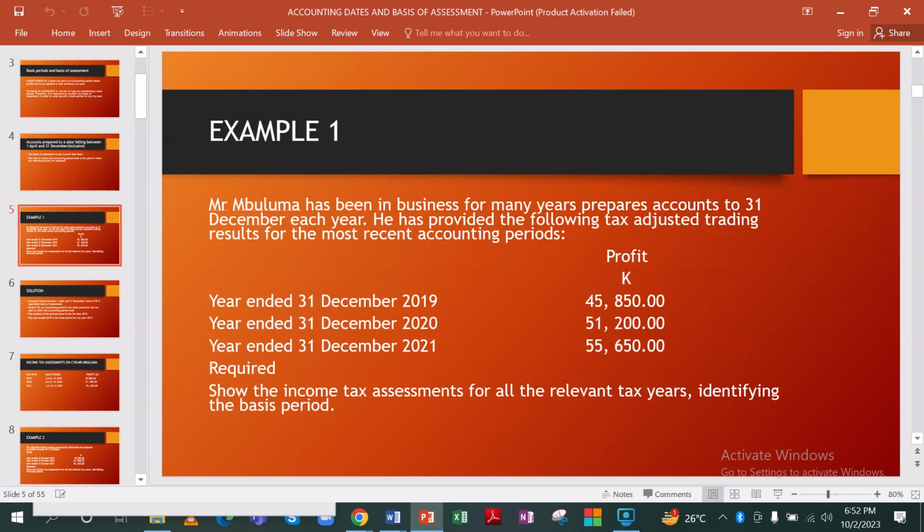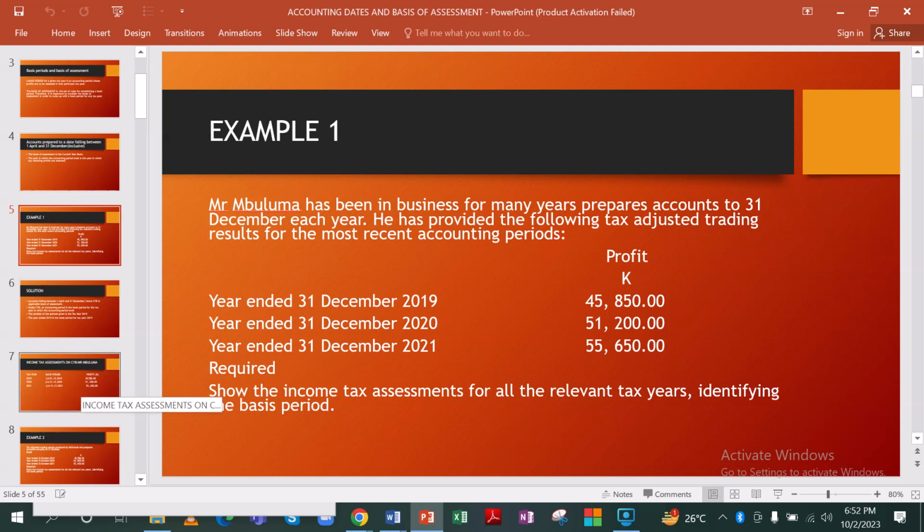Coming to 2020, again we are going to use the current year basis. Why? Because the accounting period ends between 1st April and 31st December inclusive, being 31st December 2020. So even here, with a profit of 51,200, we use the current year basis.